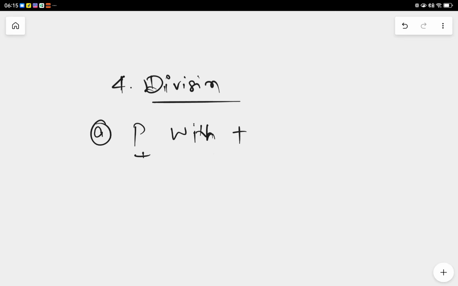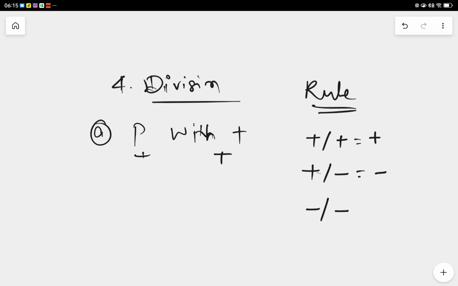The rule is the same. Plus divided by plus will be plus. Plus divided by negative will be negative. Negative divided by negative will be plus. And negative divided by plus will be negative. So if I write 4 divided by 2, that gives positive 2.